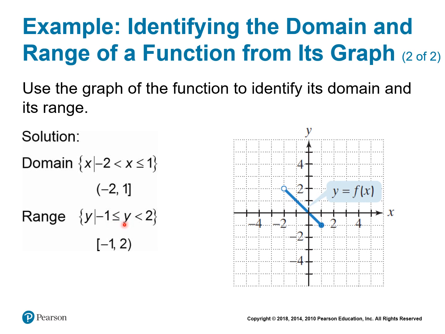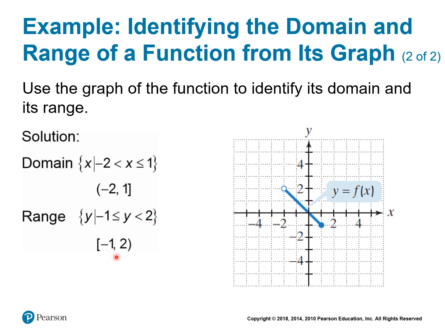Again, the lower value should be on the left-hand side. All right, because -1 is a solid circle. Therefore, -1 less or equal to y, and y less than 2. Here we do not have less or equal to 2, we have just less than 2.